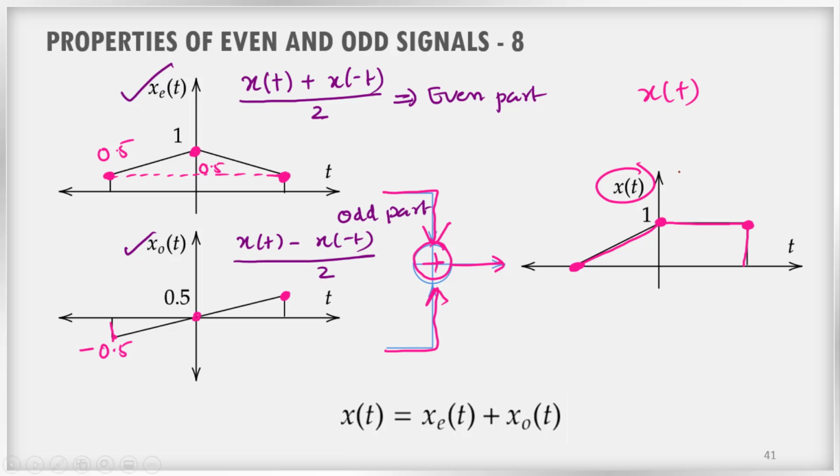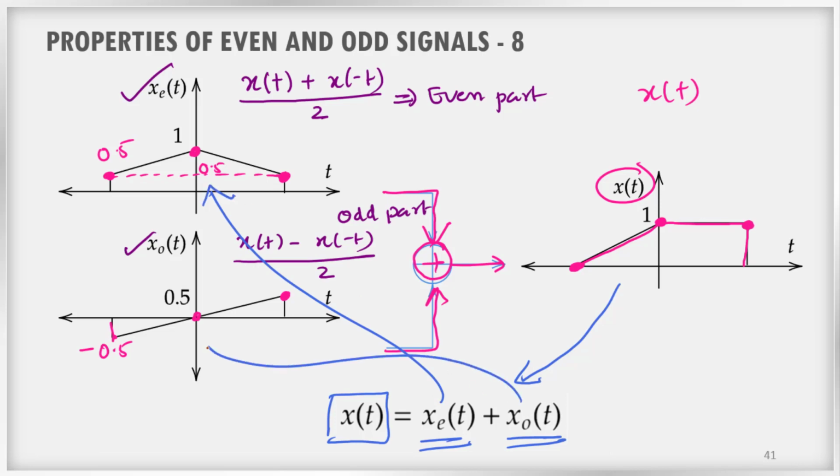Otherwise, we can also say that a signal can be represented as a sum of the even part and odd part. See, the signal x of t can be represented as the sum of an even part and odd part. Here the even part is this signal and the odd part is this signal. So if you add this even part and odd part, we can get back the original signal x of t.